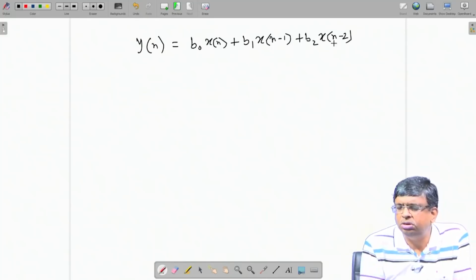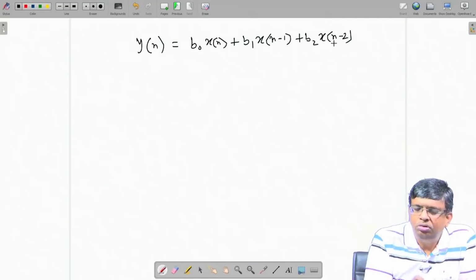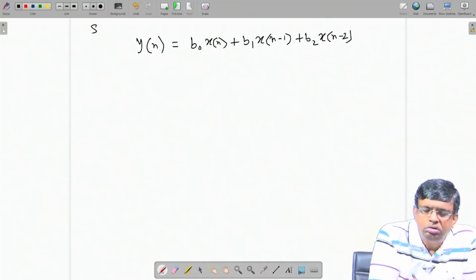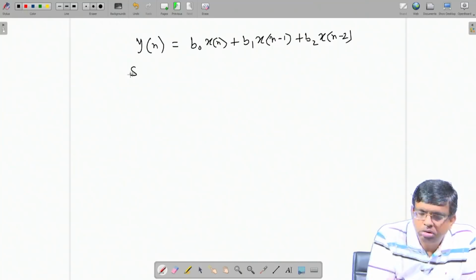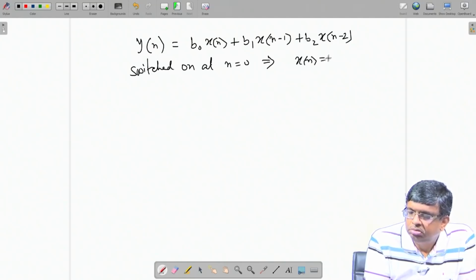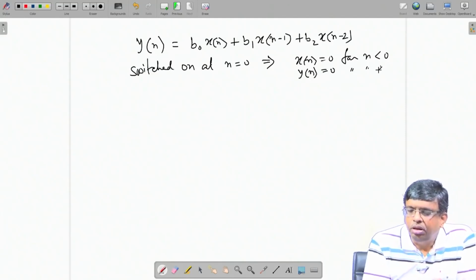It does not matter if it is non-causal or causal, n minus 1, n minus 2, but here we are taking only 3 terms, and also, for our convenience, we assume that it is switched on. And of course, if there is no input, there is no output. So, this is also 0 for this. Okay.